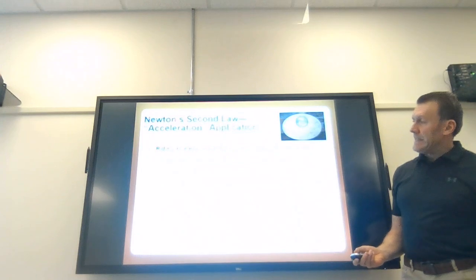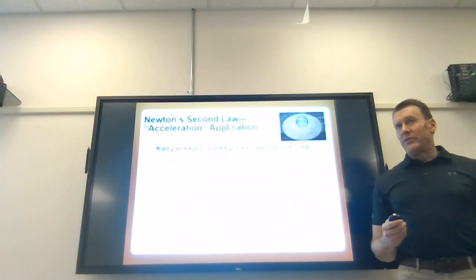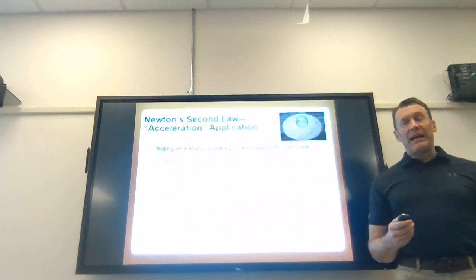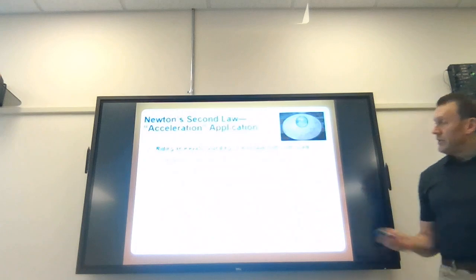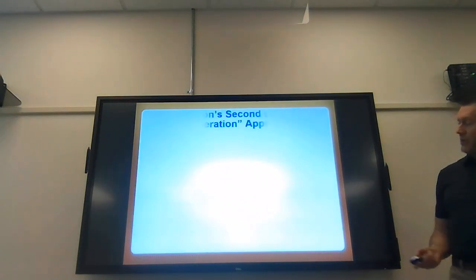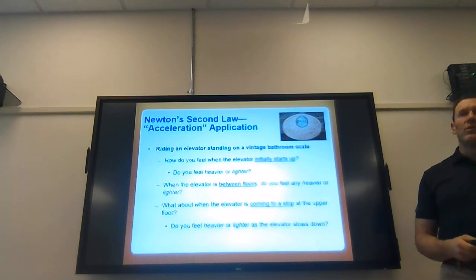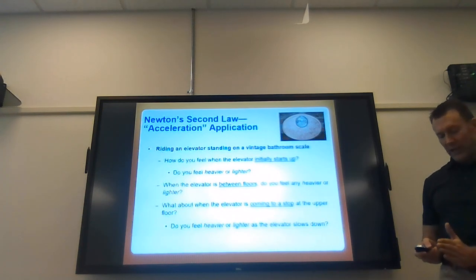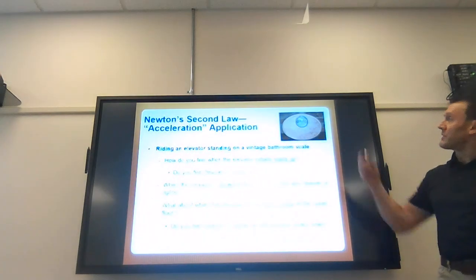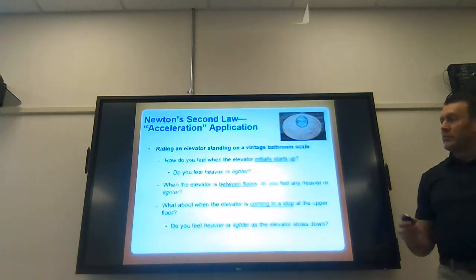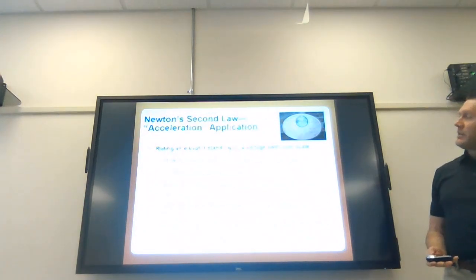Then as you begin to decelerate at the top, your weight is greater than the upward reactive force. Now you have negative acceleration and you tend to feel lighter as you approach the second floor. So the number you would see on your scale would be less than your actual weight. The scale reflects the reactive force relative to your weight, is the idea.